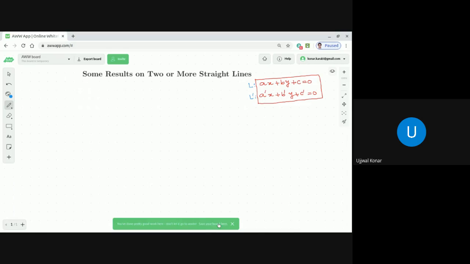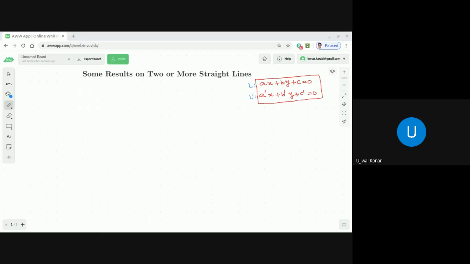Now the first thing we can look at is their slopes. When there are two straight lines, to understand the difference or the orientation of these two straight lines, the first thing is how much angle they are making with the positive direction of the x-axis.